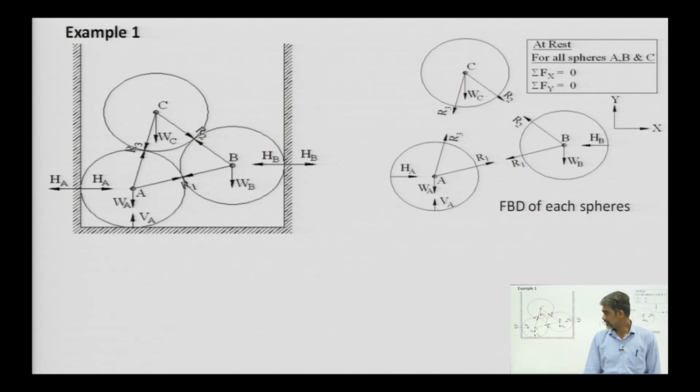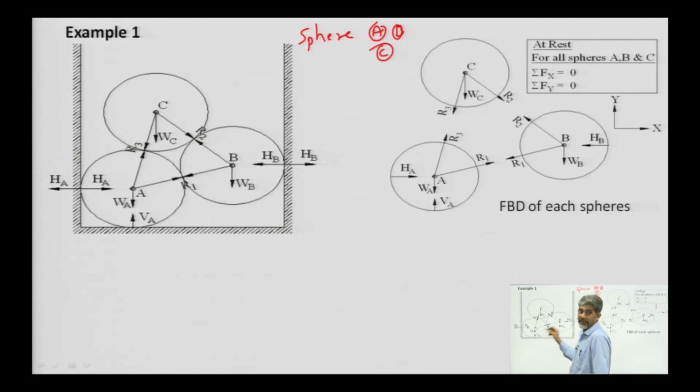Next, you tell me which type of structure it is. In this figure, there are 3 spheres A, B, C placed in a frame.